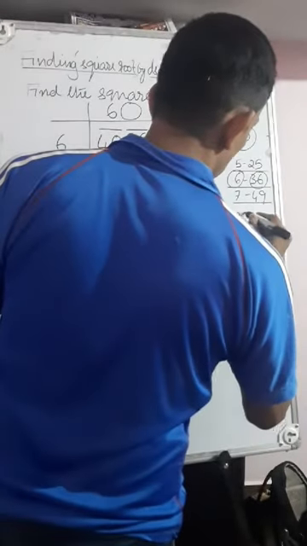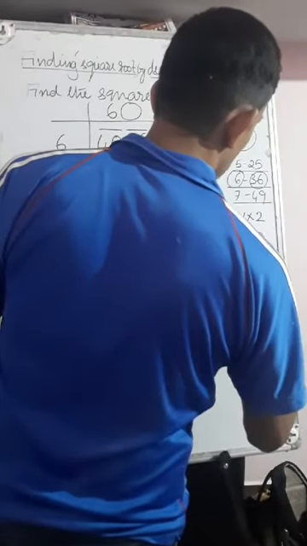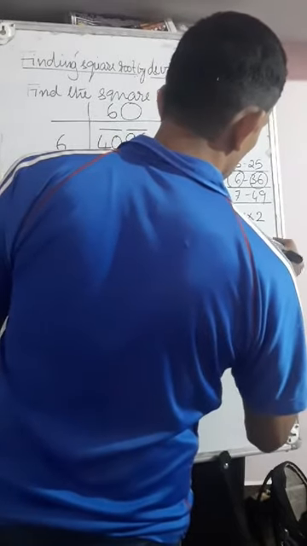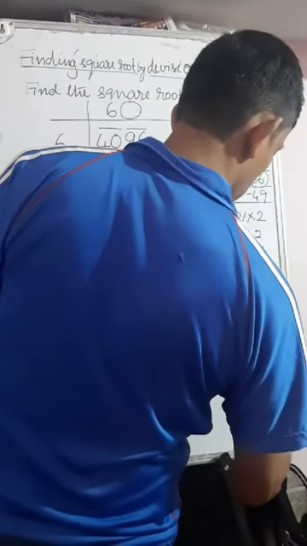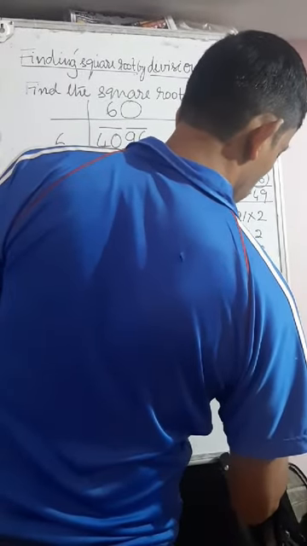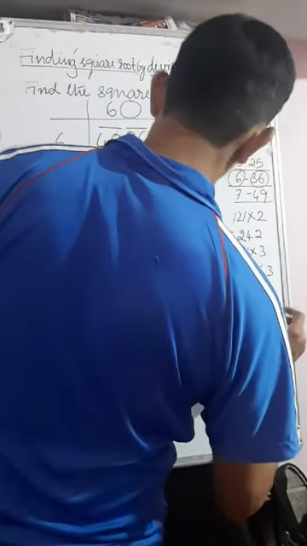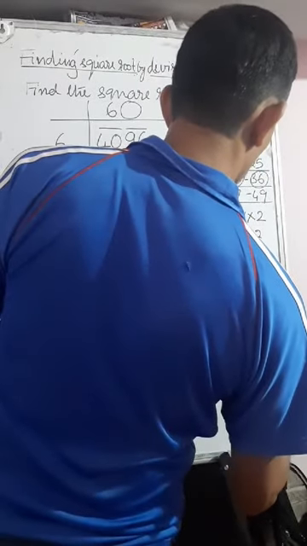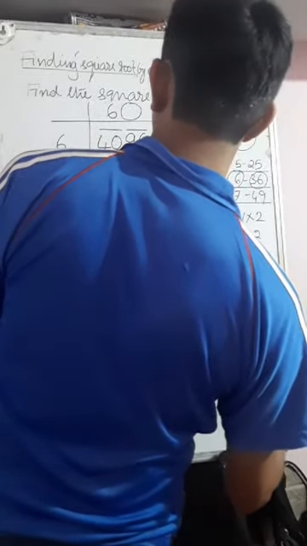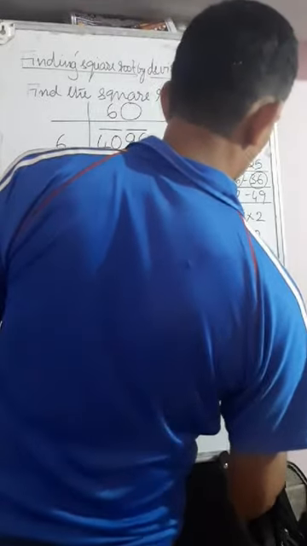We'll check 121 into 2, that is 2, 4, 242. 121 into 3, that is 3, 6, 3. 121 into 4. Okay, sorry, one minute.